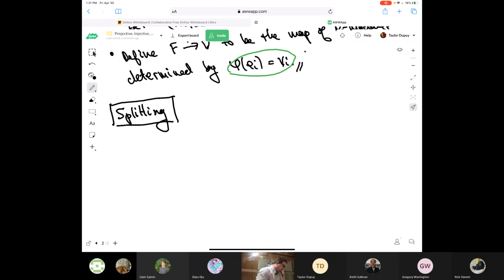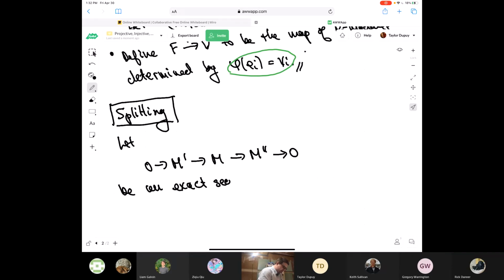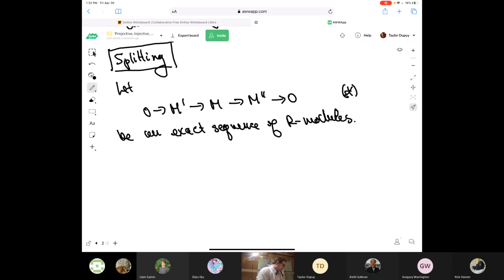Okay, so what we're going to do is we're going to take an exact sequence of R modules. So let this be an exact sequence of R modules. Okay, and let's call this thing star. All right. So let me give you a definition of what splittings are.